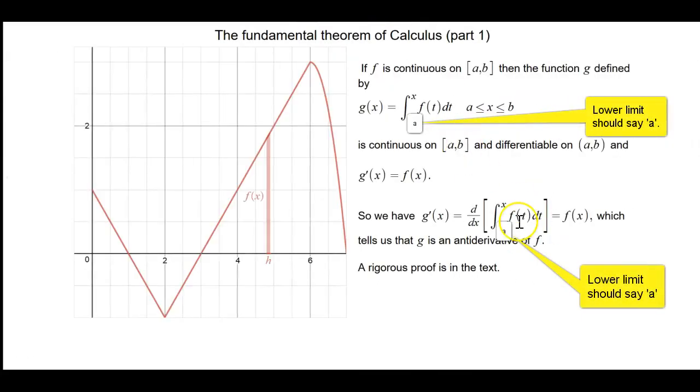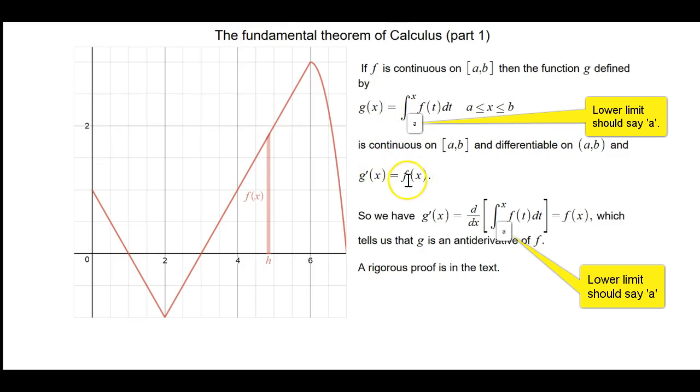So now here's the real theorem. If f is continuous on a closed interval, then the function defined by this integral, the area function, this function of x, is continuous and differentiable, and it is an antiderivative of f.